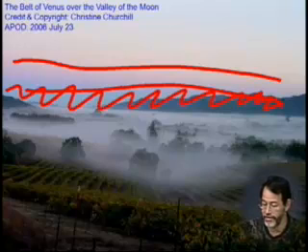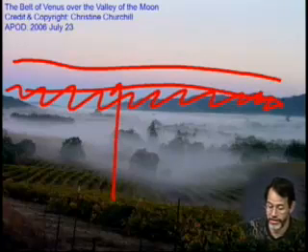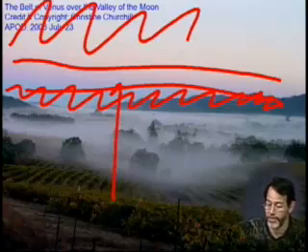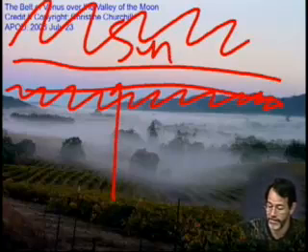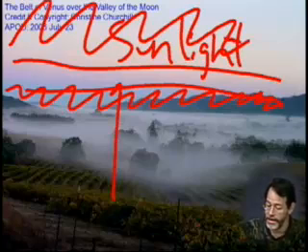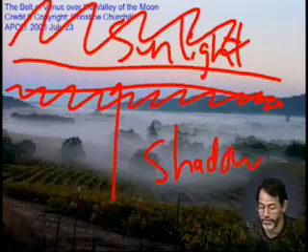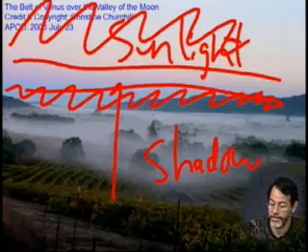As the sun sets, the shadow of the Earth is rising, and this part is illuminated by the sun. This is sunlight. This is shadow, but it's not dark shadow because the Earth's atmosphere makes things fuzzy. In between the sunlight region and the shadow region is the belt of Venus.